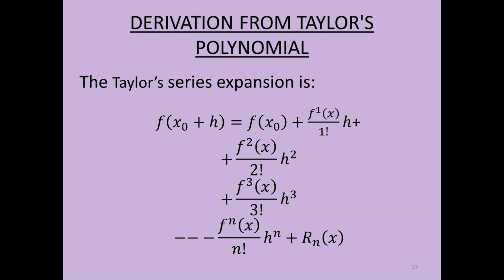The Rn is going to be very small, or it could be negligible, or it may affect the solution to a significant extent. This we are going to see in the coming slides.